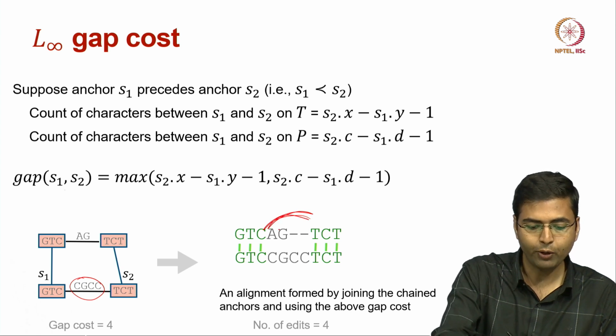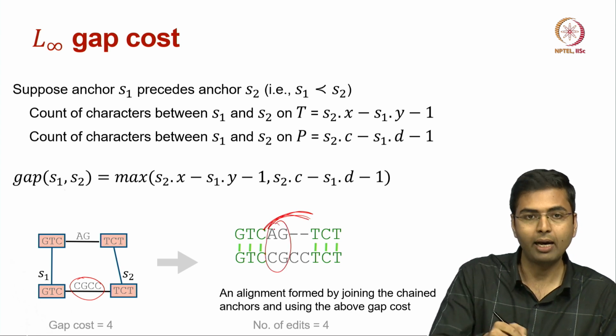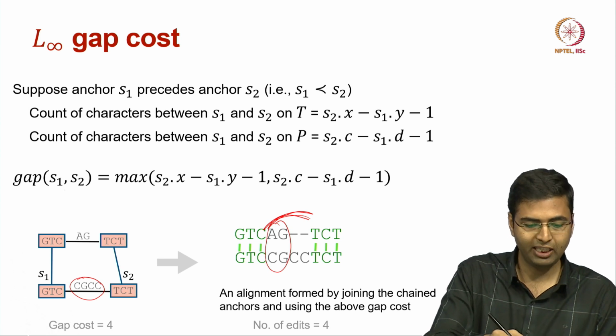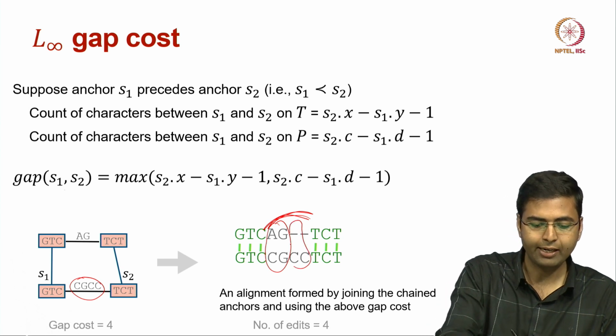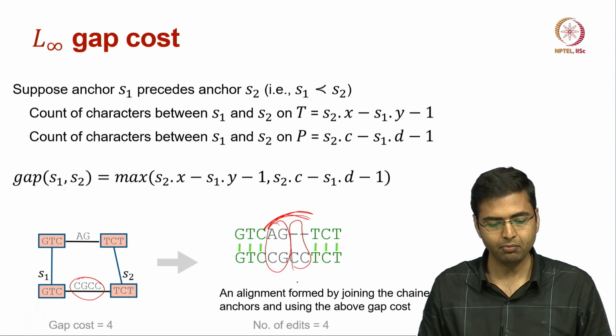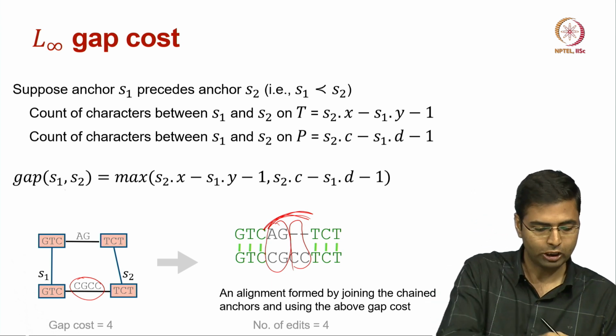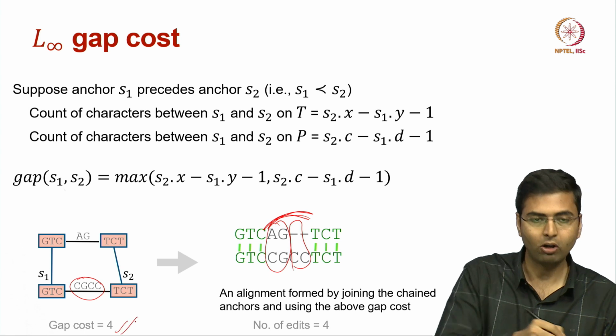So, the initial few characters will be aligned as mismatches, and the excess characters on sequence 2 will be aligned to dash characters. So, here the number of edits is 4, corresponding to the gap cost 4 on the right hand side.